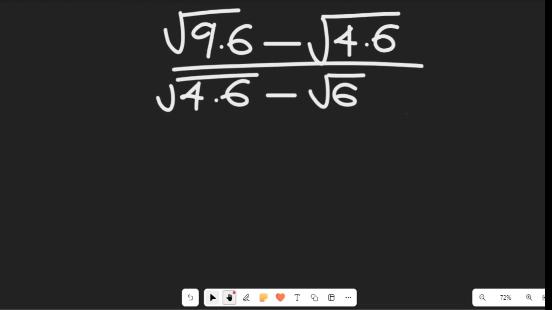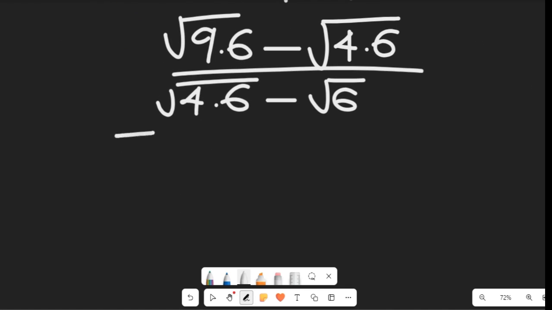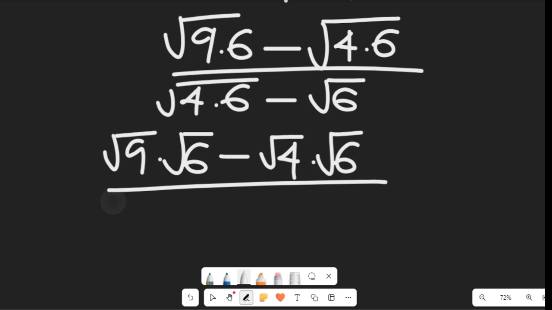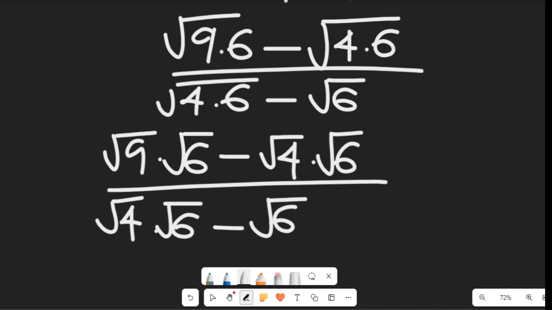So we'll break open this to give us the square root of 9 multiplied by the square root of 6 minus square root of 4 multiplied by the square root of 6. All of these divided by the square root of 4 multiplying the square root of 6 minus the square root of 6.